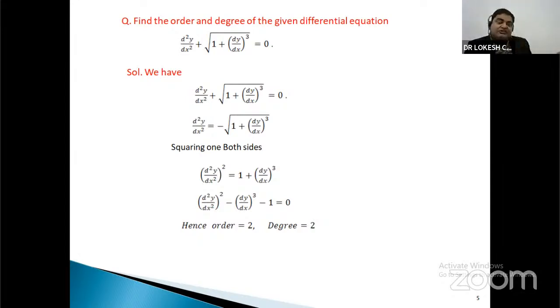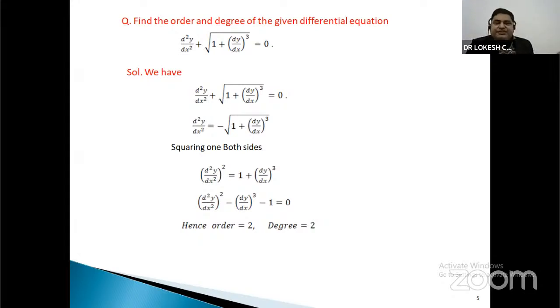This is a differential equation, and if we have to find its order and degree, then the condition for the degree is that the differential equation must be free of radical signs. Radical signs means the sign of square root, cube root, or any radical powers present in the equation.